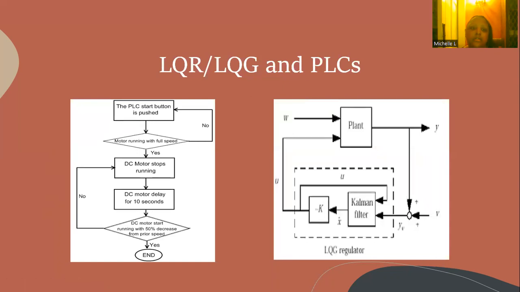And so these are the examples of that here. And in the LQG, we have the implementation of the Kalman filter that helps to control a system, taking into account any type of noise and disturbances that might be present within it.